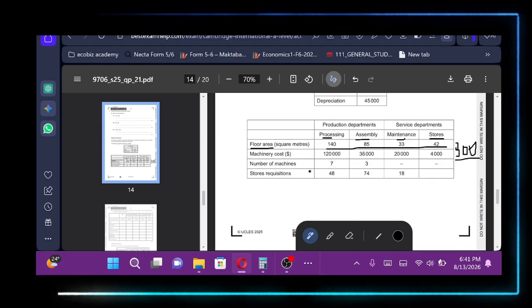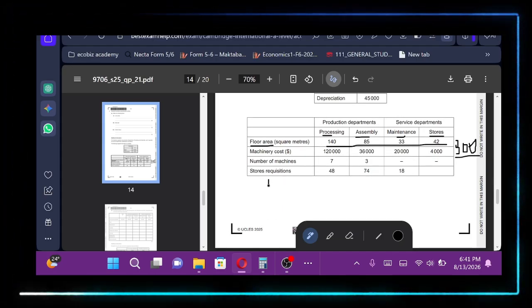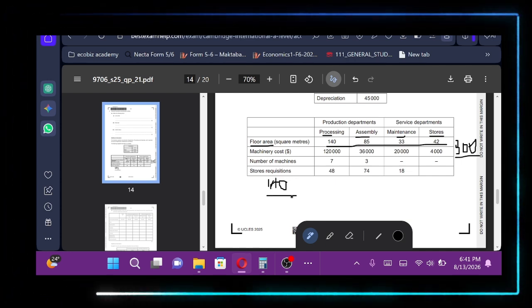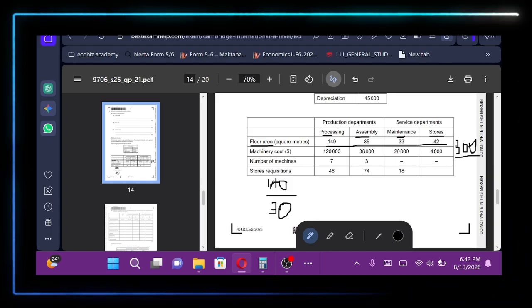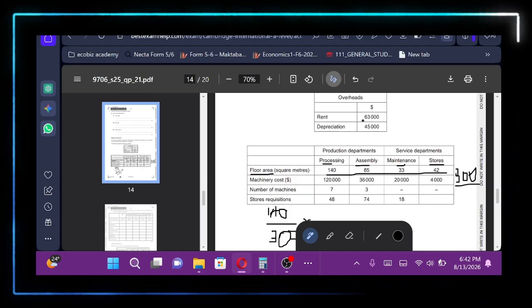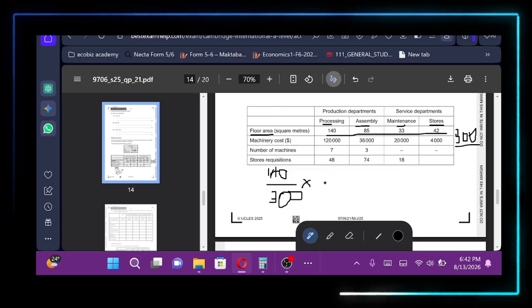So let's start with processing. Processing amount is going to be 140 divided by 300. Then multiply it by the total of rent, which is given here, which is 63,000.